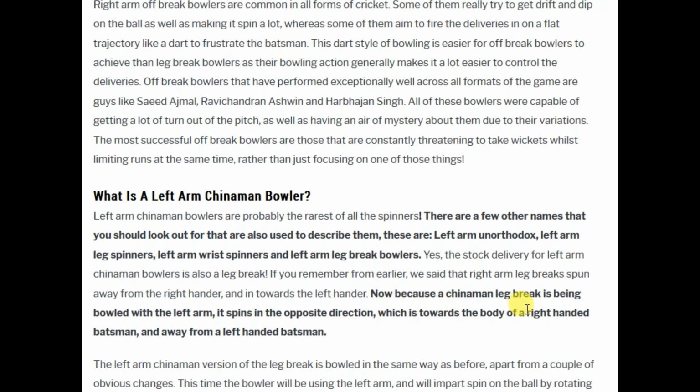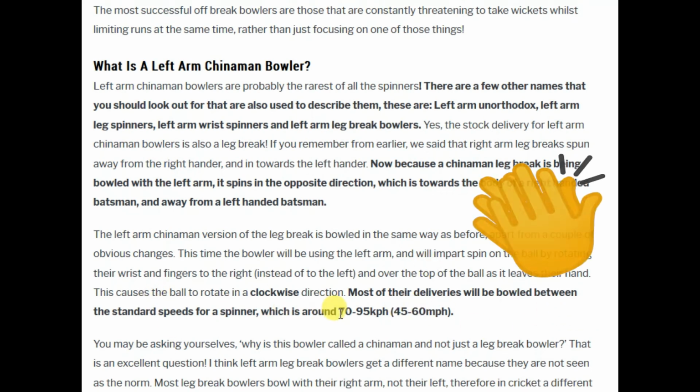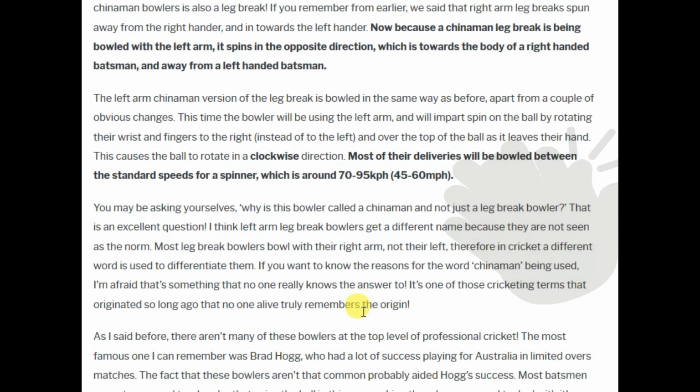Because a Chinaman leg break is bowled with the left arm, it spins in the opposite direction, which is toward the body of a right-handed batsman and away from a left-handed batsman. This causes more difficulty to the batsman because this type of bowler has different techniques compared to other types of bowler. Most of the deliveries come at a speed of 70 to 95 km per hour.